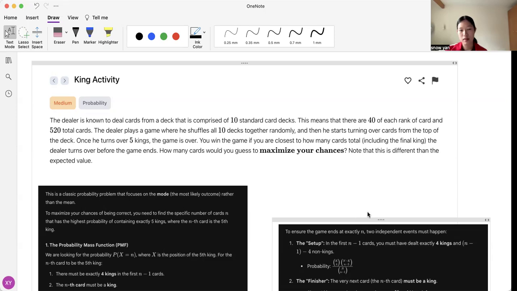And it's hypergeometric because we care about how many of the cards there are, basically our successes, up to the five. So it's not exactly hypergeometric, it's negative hypergeometric, because we care about the number of turns needed to reach the successes, which is the opposite of hypergeometric. So this is just a negative hypergeometric.